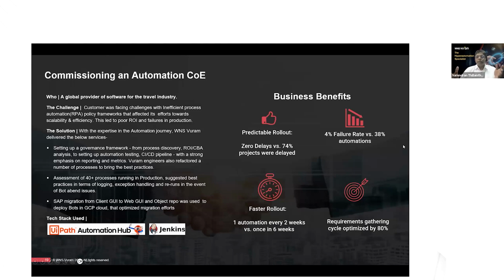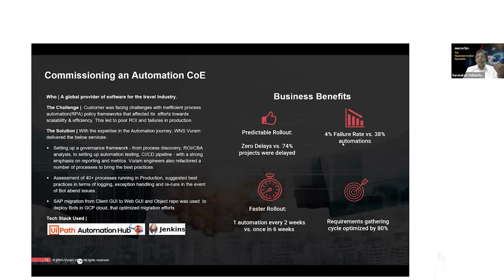So if 100 automations went in, 38% would just stop working after a few days. That was the failure rate they had. Similarly, 74% of the projects were delayed, obviously because of lack of planning, lack of standardization and all that. The moment we set up a COE and brought in all the processes, you can see that from 74% delay, we went to zero delays.